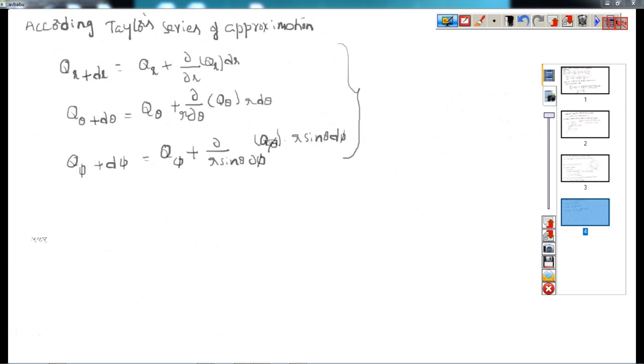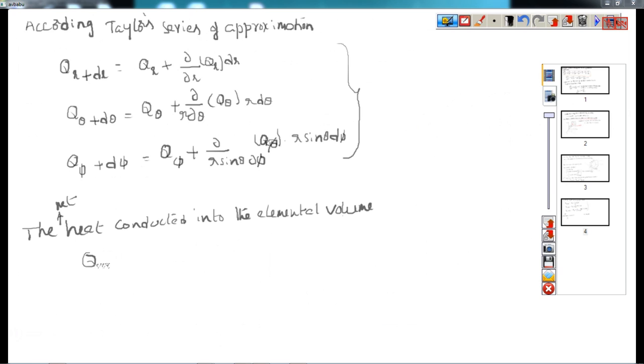Now the net heat conducted into the elemental volume, I denote as Q net.